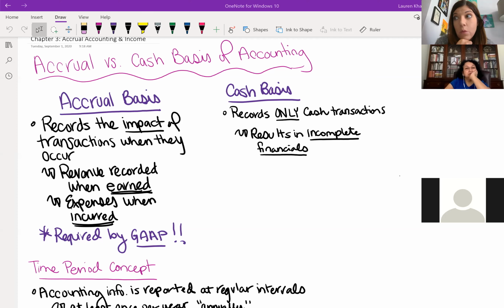I've been on audits where those clients should not have even gone out for an audit, but they needed the funding and they had to get an audit. And it's extremely expensive for them to convert from a cash basis to an accrual basis after those years of operating like that. Okay. So it's best to just start out on an accrual basis.